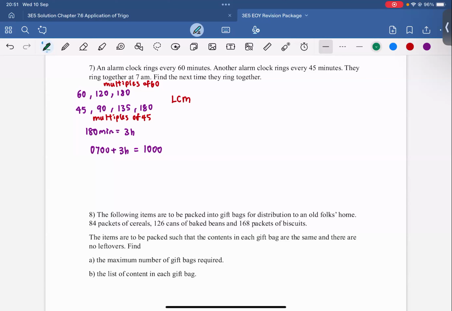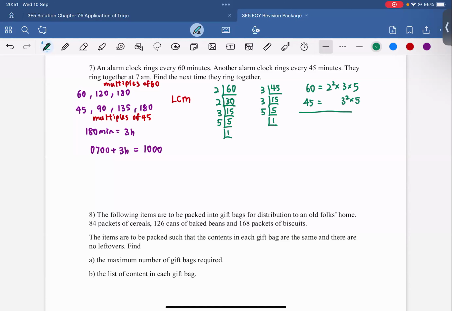So to find the lowest common multiple of two numbers, first, we prime factorize both numbers. During the exam, which method do you want to use? It doesn't really matter, but you must understand that the purple method works because the number is small. If the number is big, you will not be able to list out like that, and you have to use prime factorization to solve. So 60 is 2 squared times 3 times 5. 45 is 3 squared times 5.